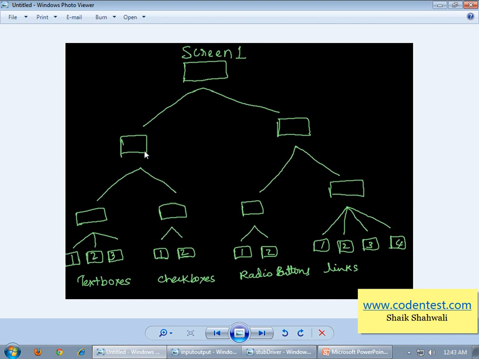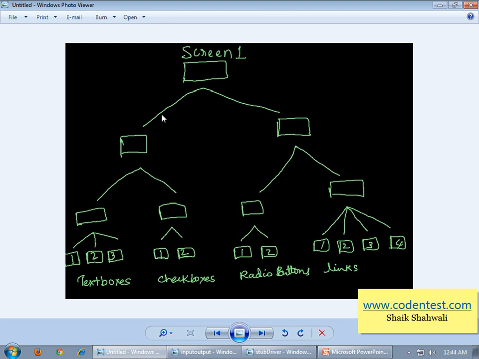Now these 2 components are again combined to form an even larger component, and it's tested. This is our bottom-up integration testing. Here we are testing the lowest level components first, and then we are moving to the higher level components.